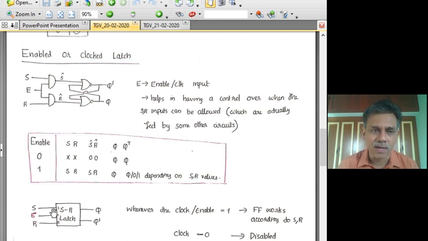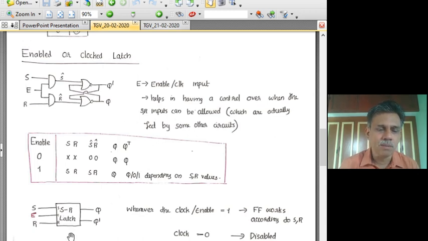I believe you would have already studied this kind of representation when we talk about muxes, demuxes, adders and so on. So we just draw a black box. We only indicate the input and output signals and the internal circuitries are masked.